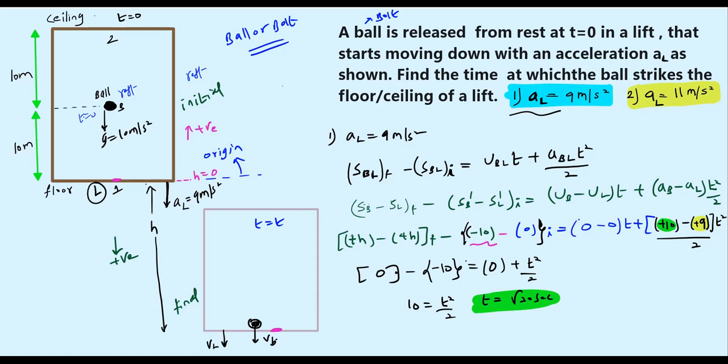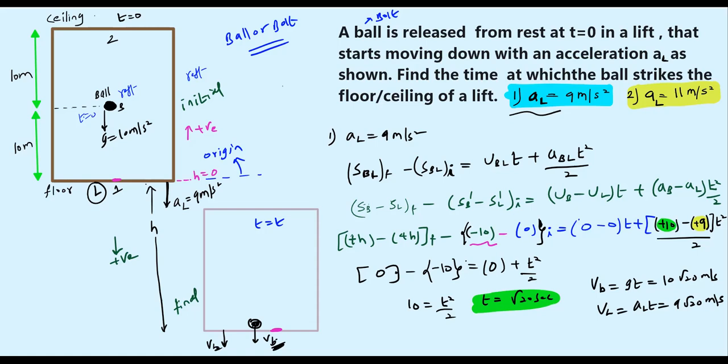What will be the velocity of ball and the lift at this point? You can calculate. Velocity of ball, gt, 10 root 20 meter per second. Velocity of the lift when ball is striking, AL into T. This will be 9. These velocities we have calculated.